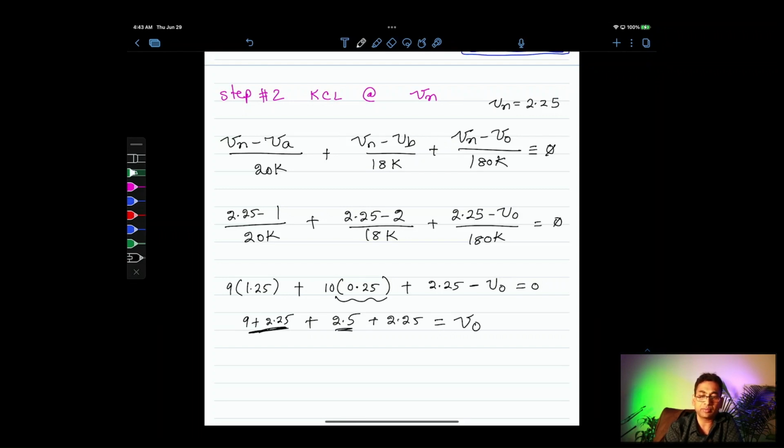Sum them up: 2.5 and these two terms actually add up to 4.5. So 4.5 and 2.5 is what? 7. 7 plus 9 is 16.